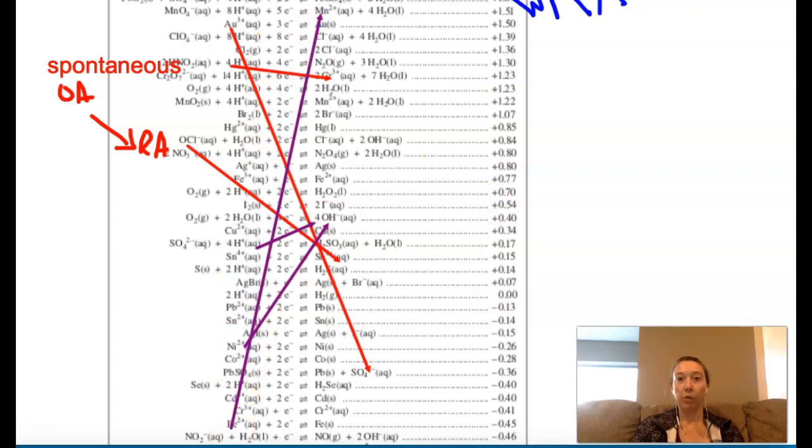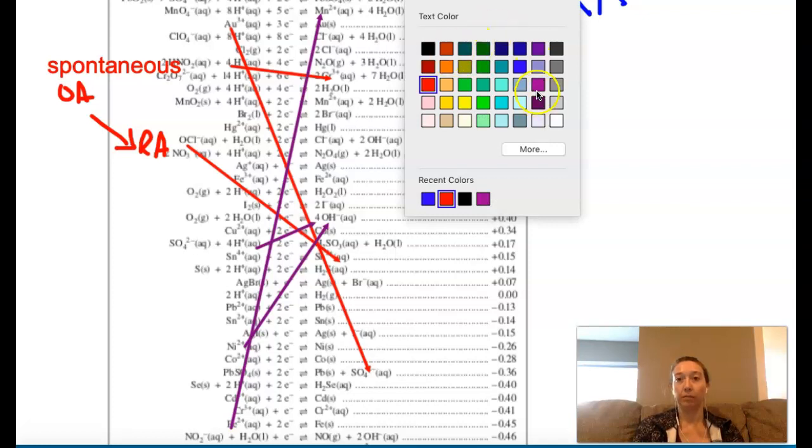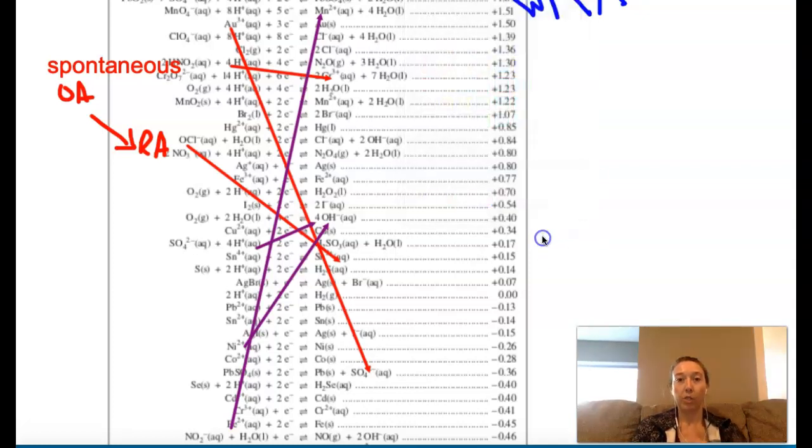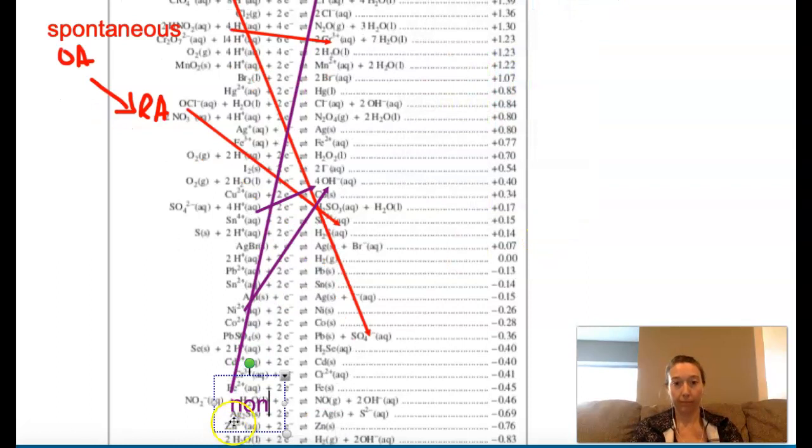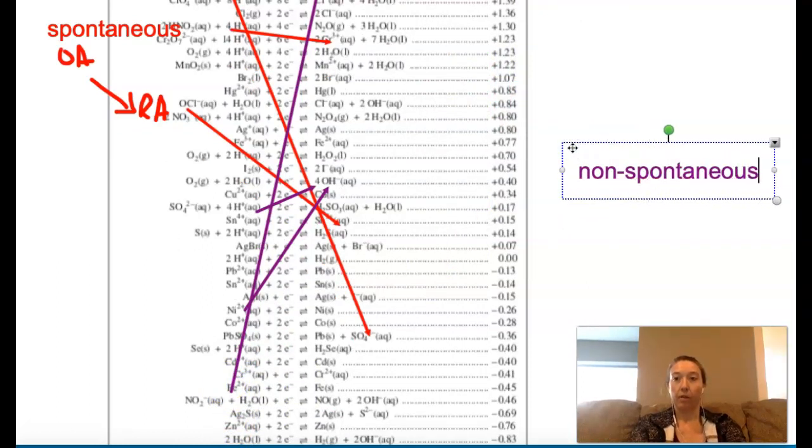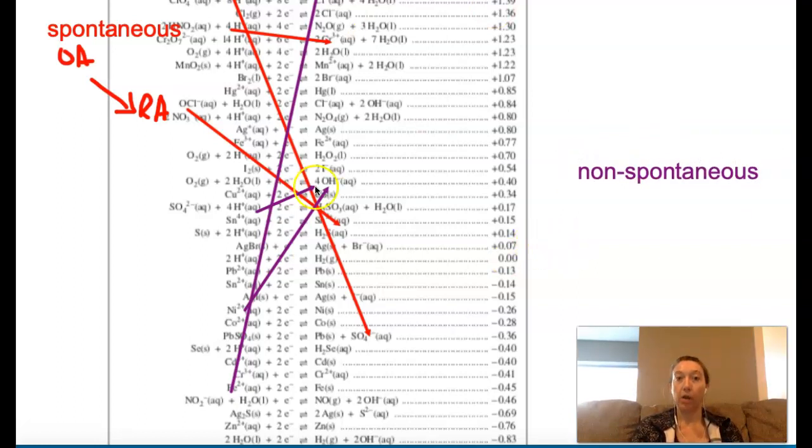All of those possibilities are going to be non-spontaneous, because we find the opposite orientation from what we had in spontaneous. Now when we find that OA, the RA is the one that is higher in the table.